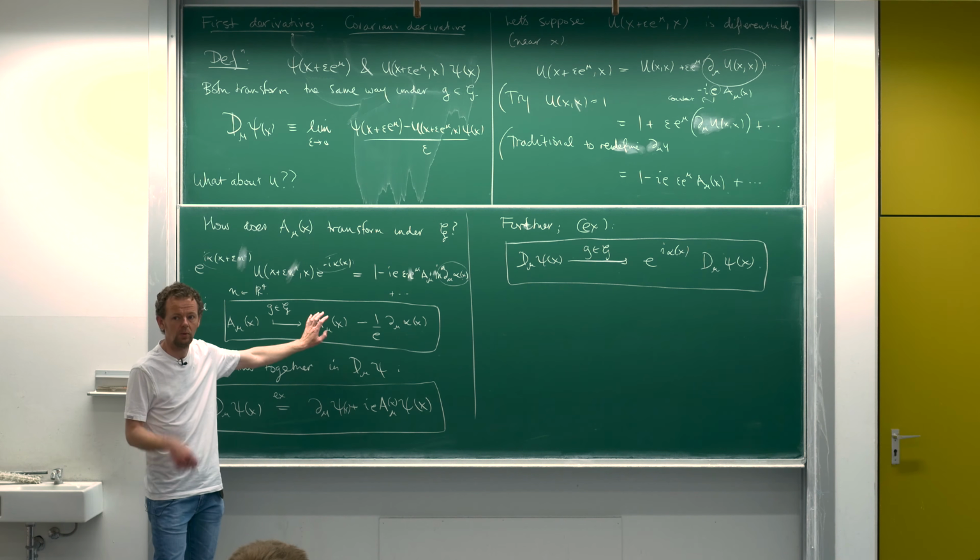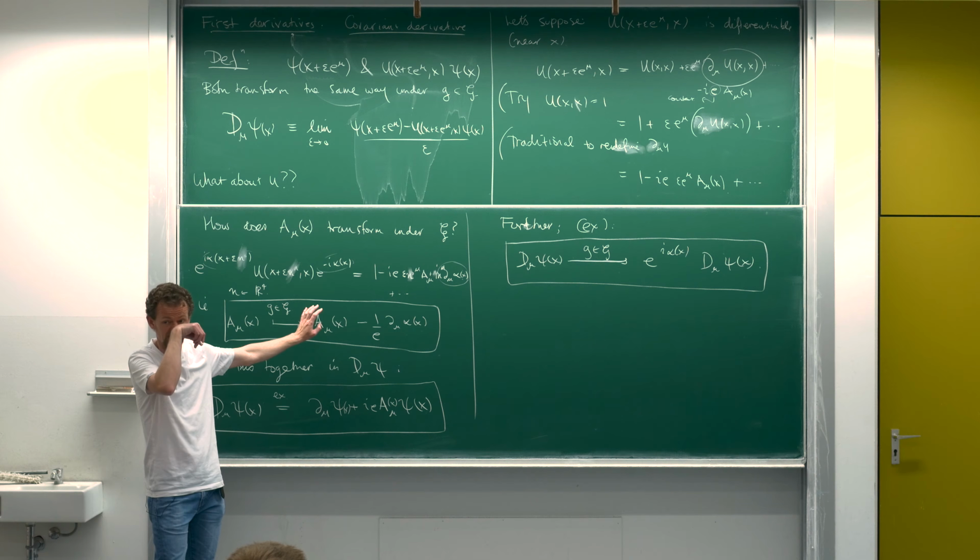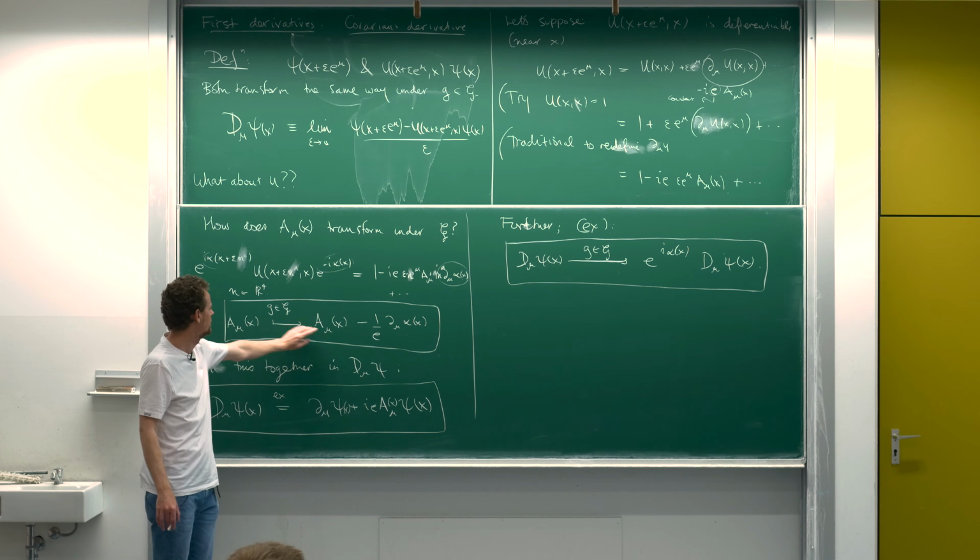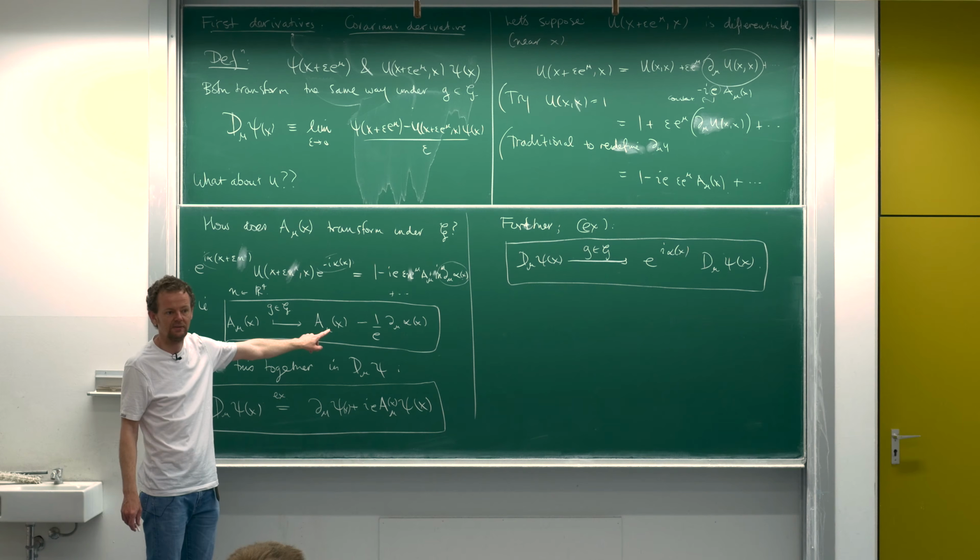And now we've boiled our problem down to finding a field which transforms in this particular way. I haven't yet quite shown that this all exists, because you need to know, does there exist an A mu that transforms like this? But that's a definition.